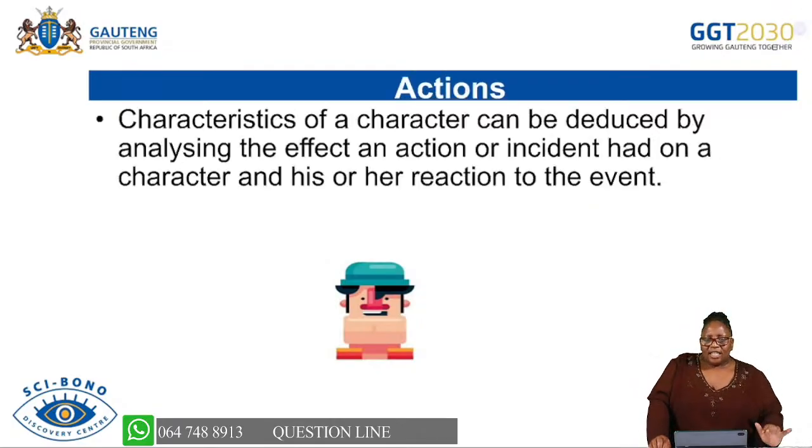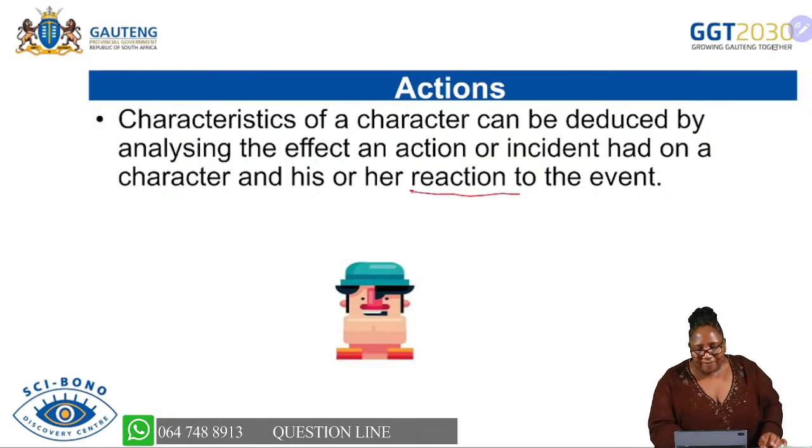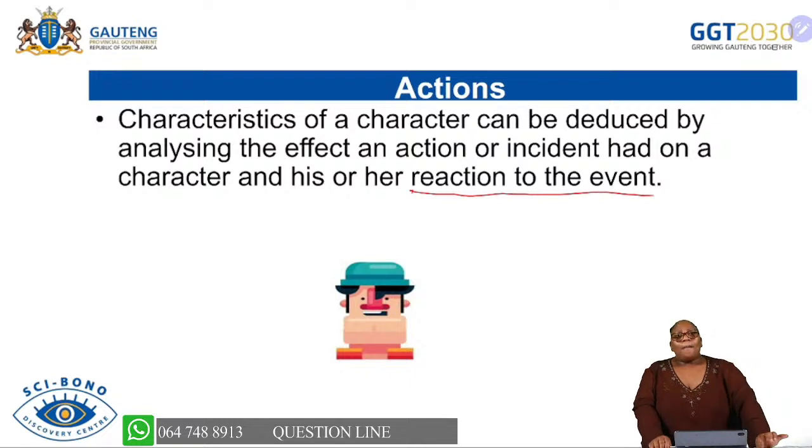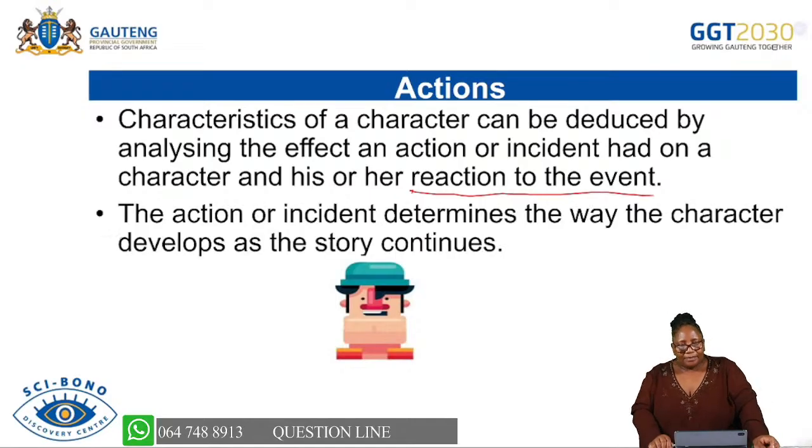The actions of characters can be deduced by analyzing the effect an action or incident had on a character and his or her reaction to the event. So as you study literature, please be cognizant of the fact that the actions of the characters make up this particular character.